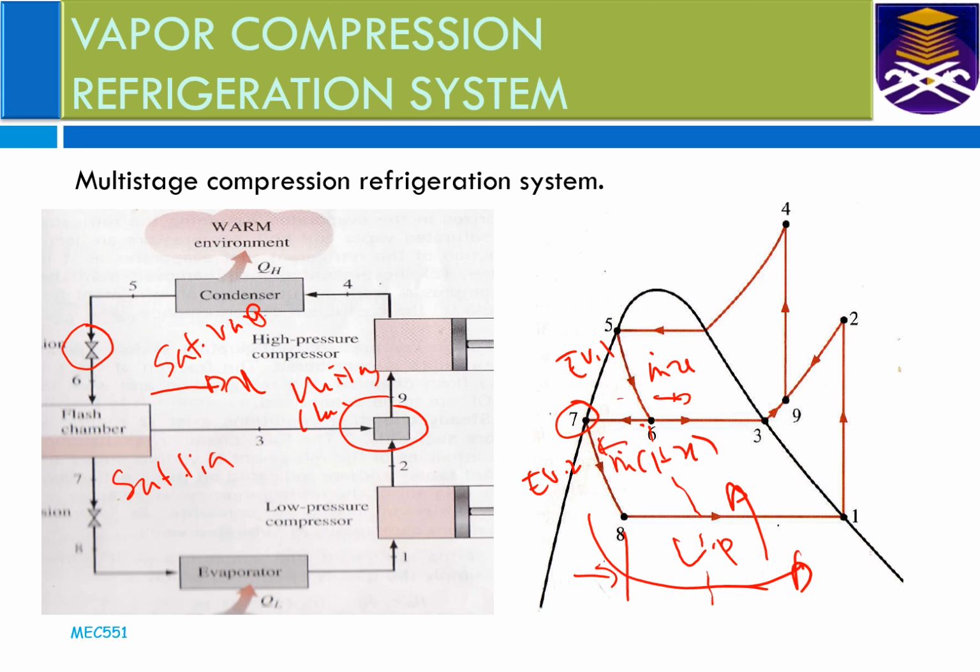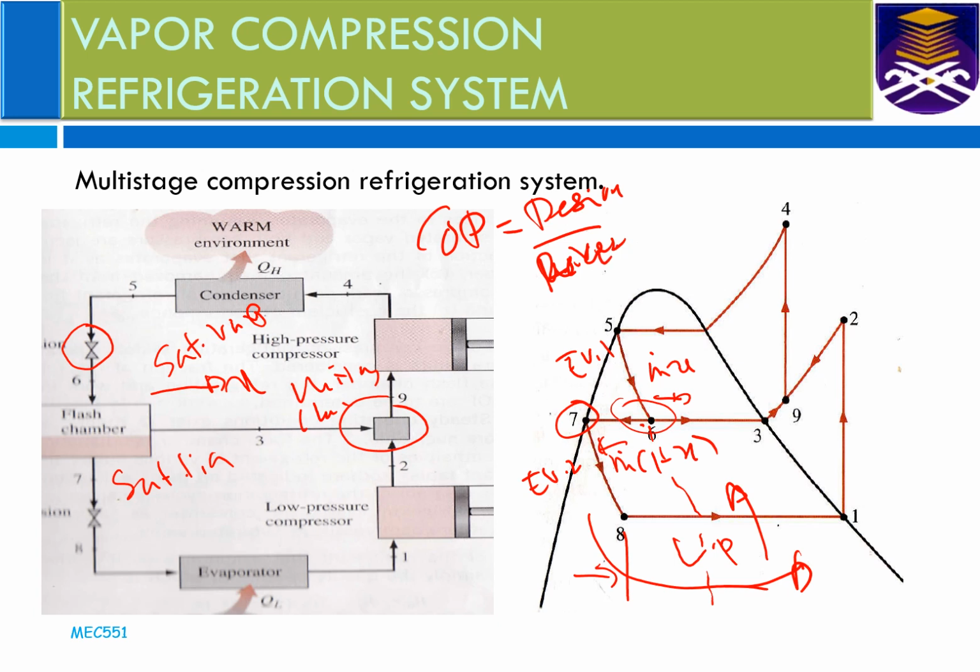The split here has to be properly calculated so that the optimization of the coefficient of performance can be obtained, because as we can see, the coefficient of performance depends on the desired output divided by the required input.